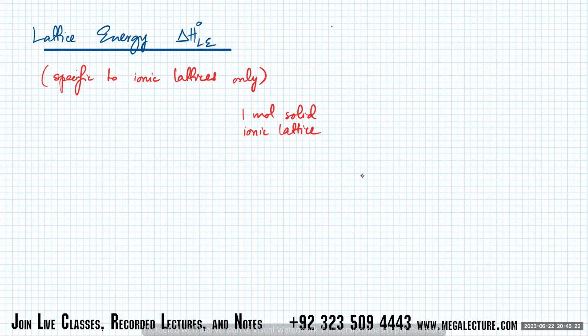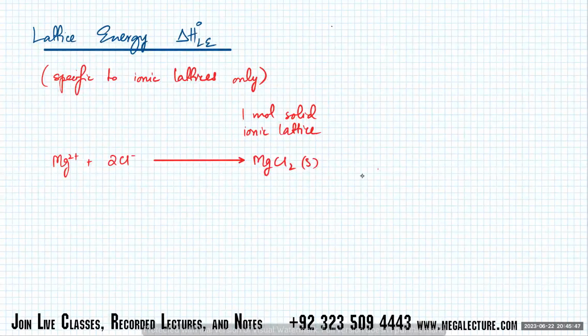So for example, if I'm making MgCl2 solid, that's 1 mole of solid ionic lattice. And I'm going to make it from its ions. The ions are Mg ions and Cl ions.